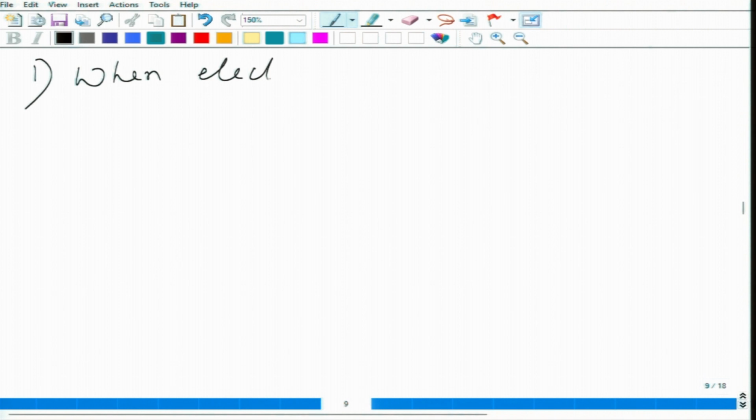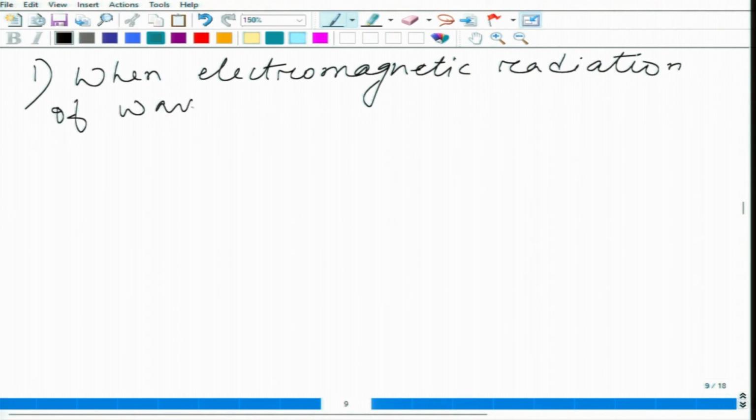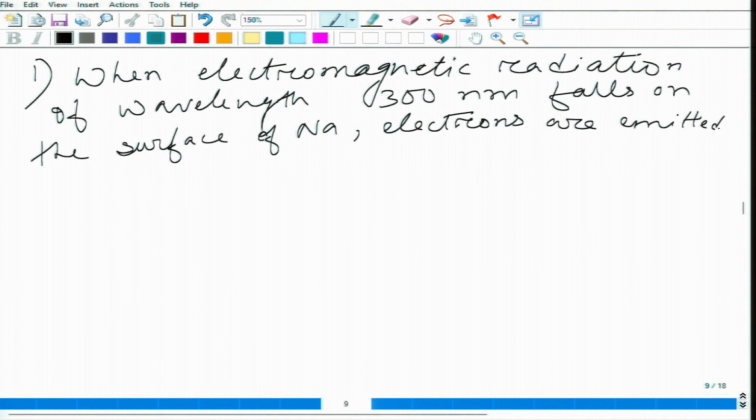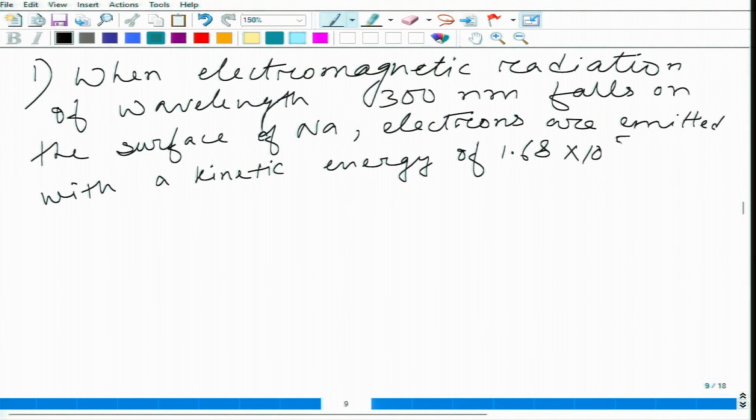When electromagnetic radiation of wavelength 300 nanometer falls on the surface of sodium, electrons are emitted with a kinetic energy of 1.68 into 10 to the power 5 joule per mole.